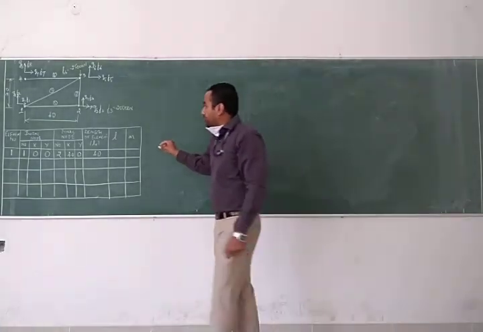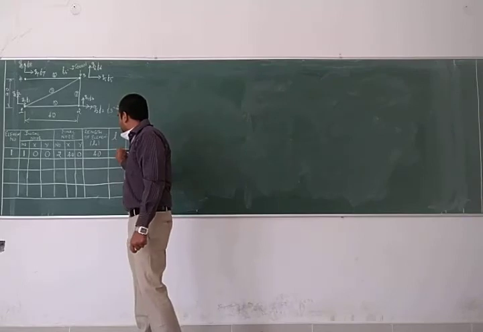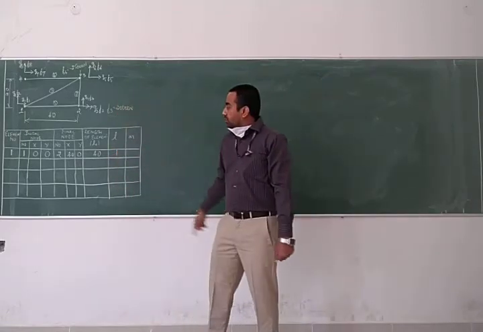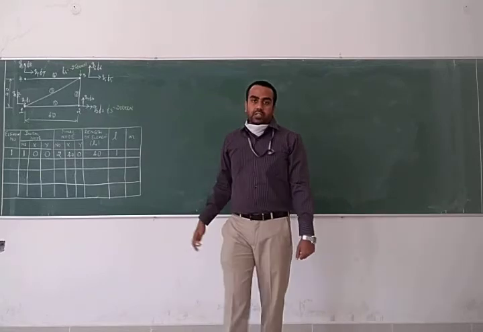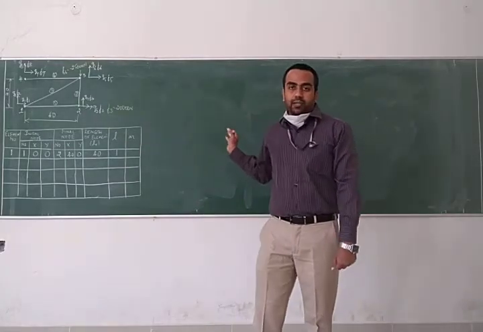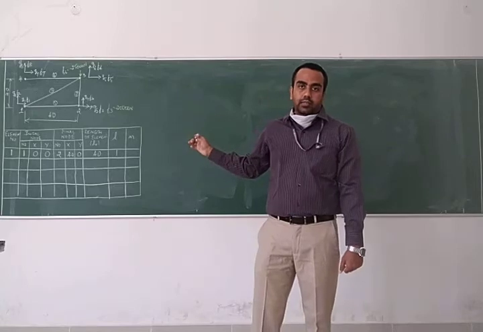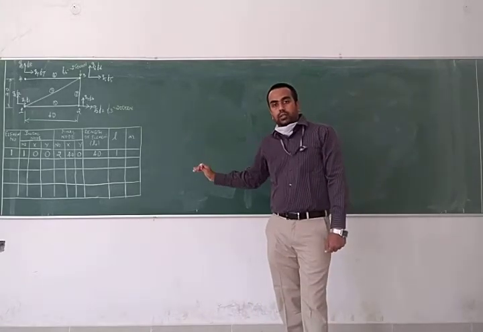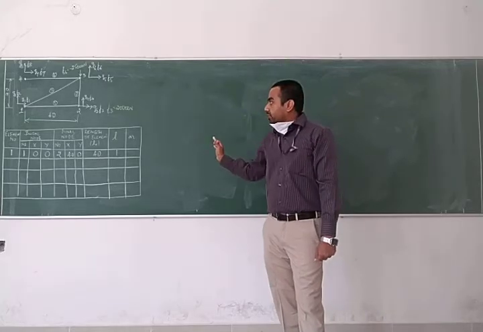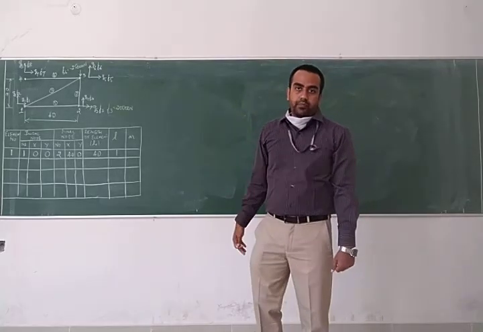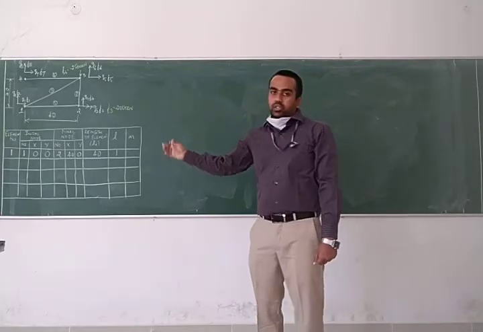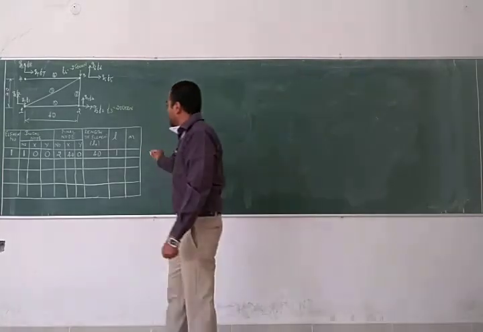So it will give you a value of 1. Next, M value is given by y final minus y initial divided by LE. Y final is y2, y initial is y1, divided by the length of the element 40. 0 minus 0 divided by 40 will give you 0.